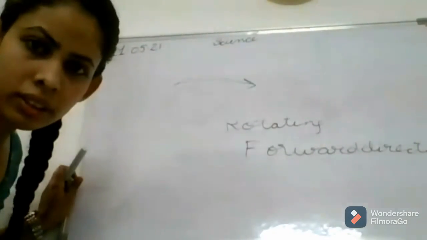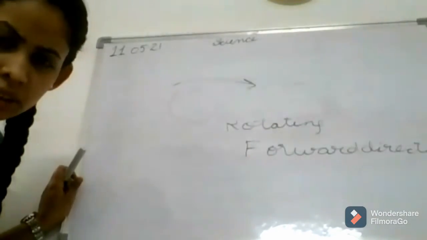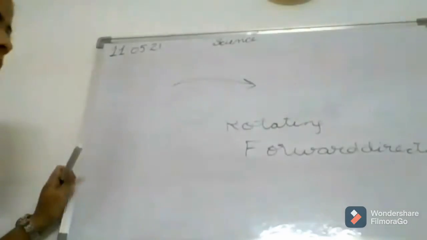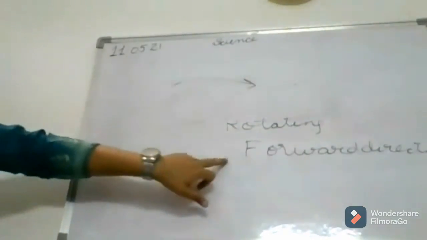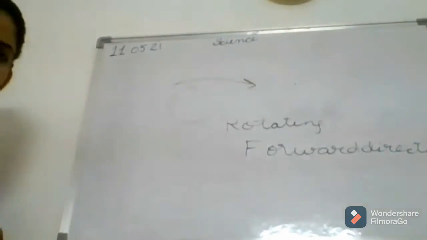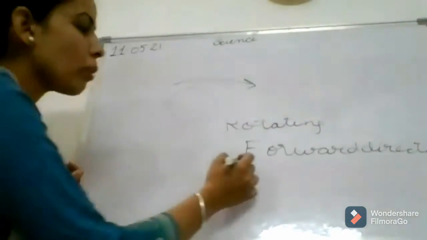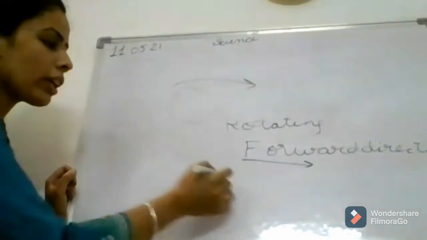Ma'am, the satellites orbiting the Earth follow a circular motion and they also follow a periodic motion. Yes, good. So, can anyone tell me, if the ball is going in forward direction, which type of motion is it? Which type of motion is it when it is going in a forward direction? It is going in this way.